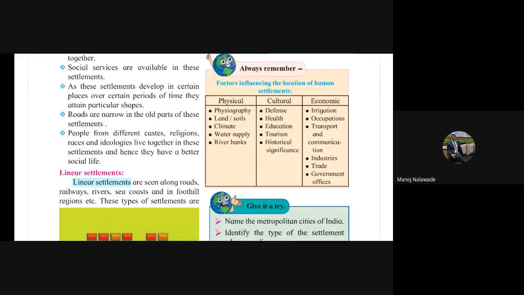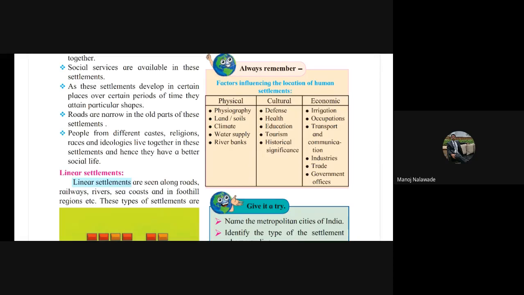If physiography is good, not a very hilly or mountainous region, or not a desert, then people prefer it. If there is a plain region and the soil is fertile, people will grow crops over there, so they will settle there. If the climate is good, people will settle there.